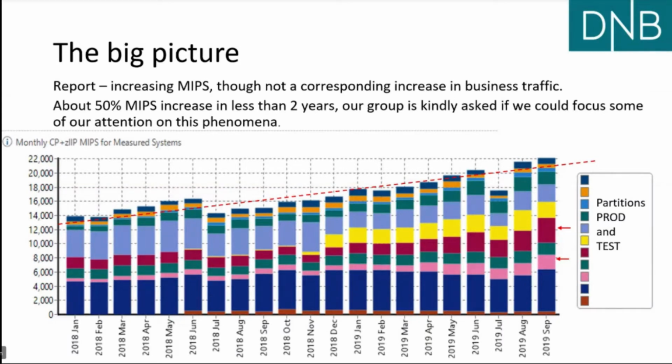And as we can see in IPI, it is really an increase, like from 13,000 to more than 20,000 MIPS. That's a 50% increase in a couple of years. That costs some money.